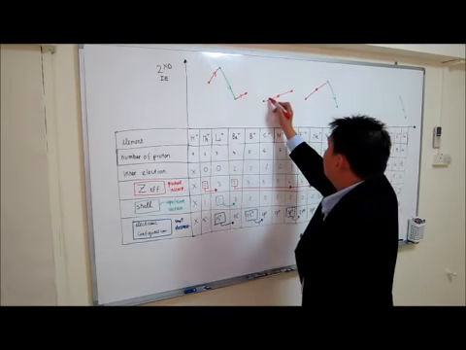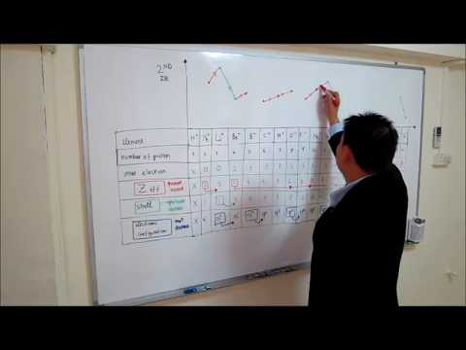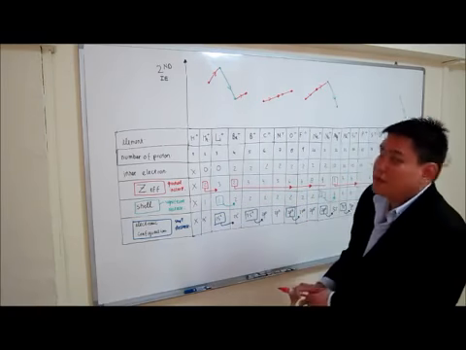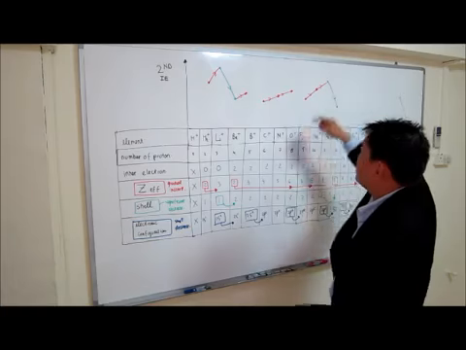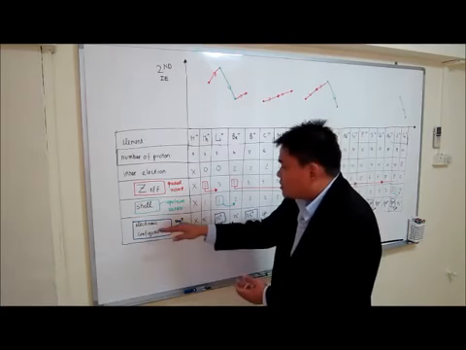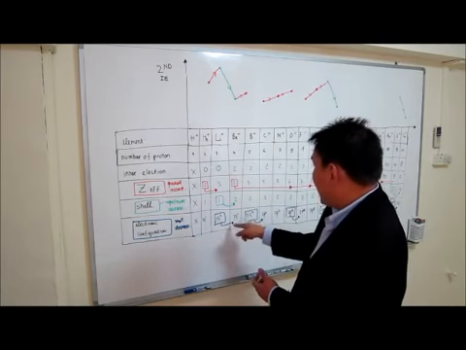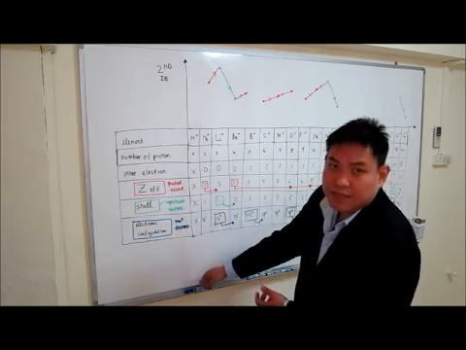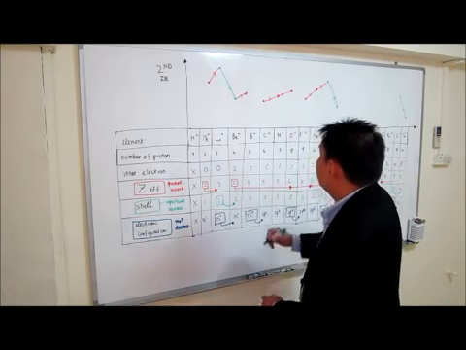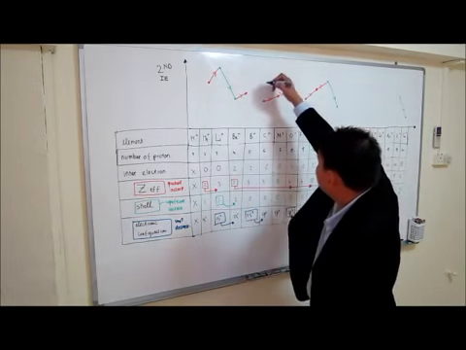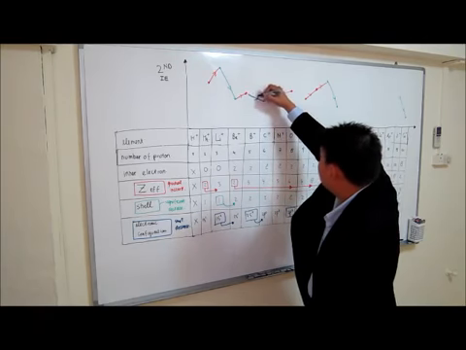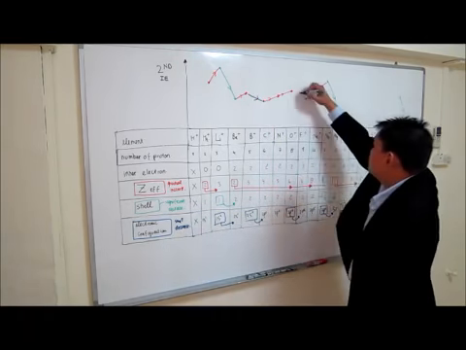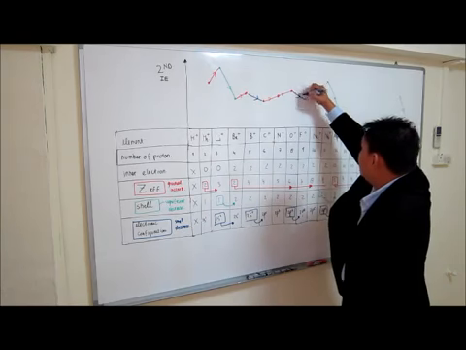Now, why do I have to split the gradual increase here? Because in the middle here we have the effect of a small decrease because of the electronic configuration. So we are going to draw a slight decrease from boron plus to C plus, also from oxygen plus to chlorine plus.